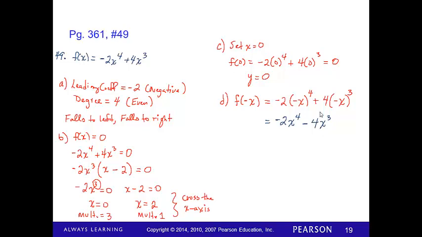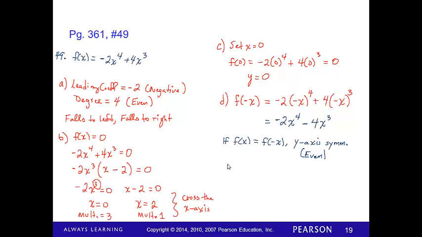Okay, so now if f of x equaled f of negative x, then you would have y-axis symmetry. It's just their way of saying that it is actually an even function.